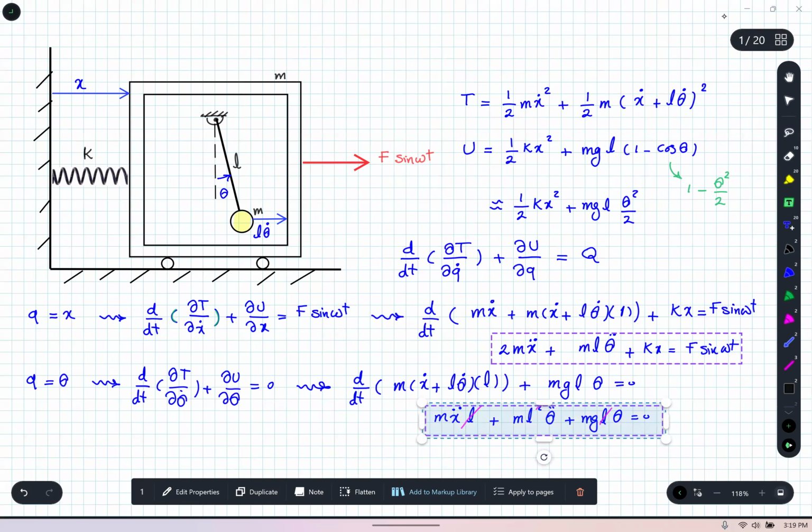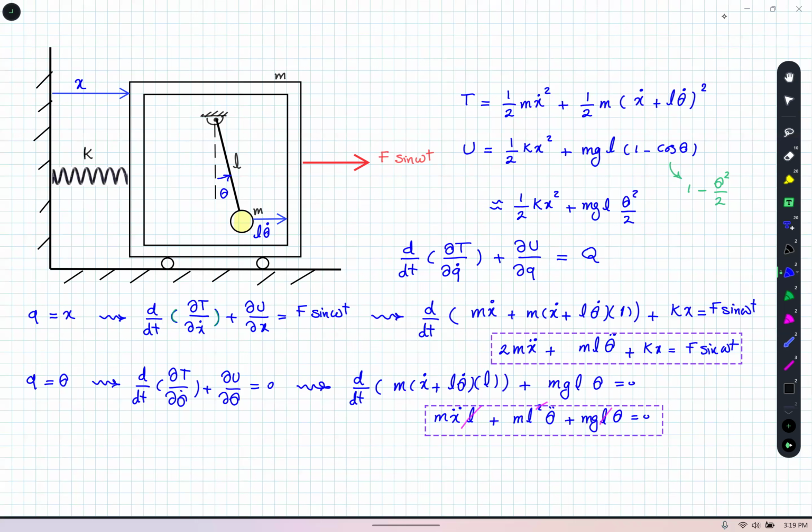We can do that one as well, which gives me a 2 by 2 matrix: 2m here, mL, and m, and then mL as well here, multiplying x double dot and theta double dot.